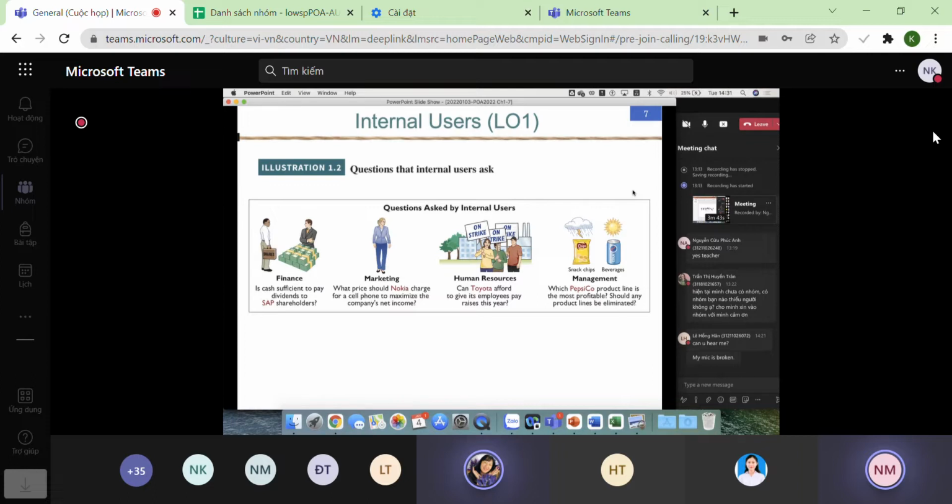To make what kind of decision? Management decision, to run the business, right? They need detailed and continuous information to make management decisions, right? Okay.